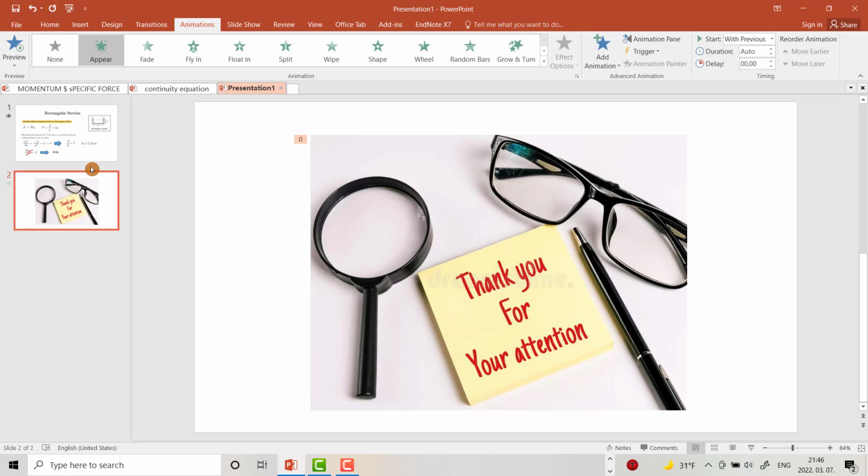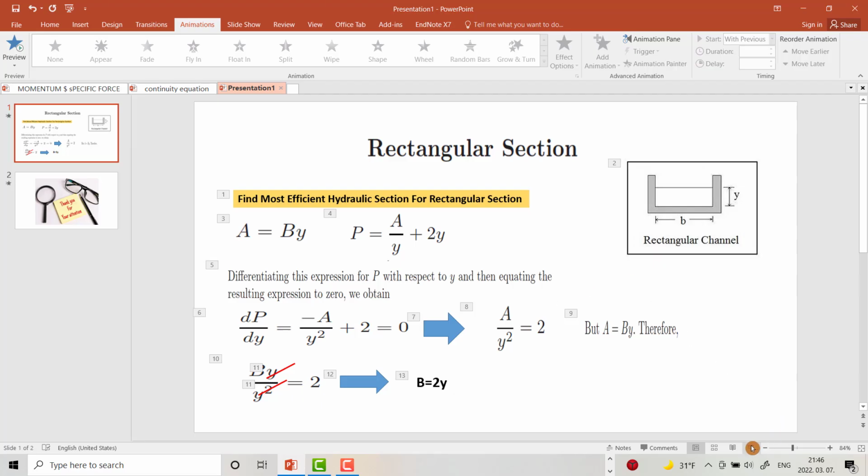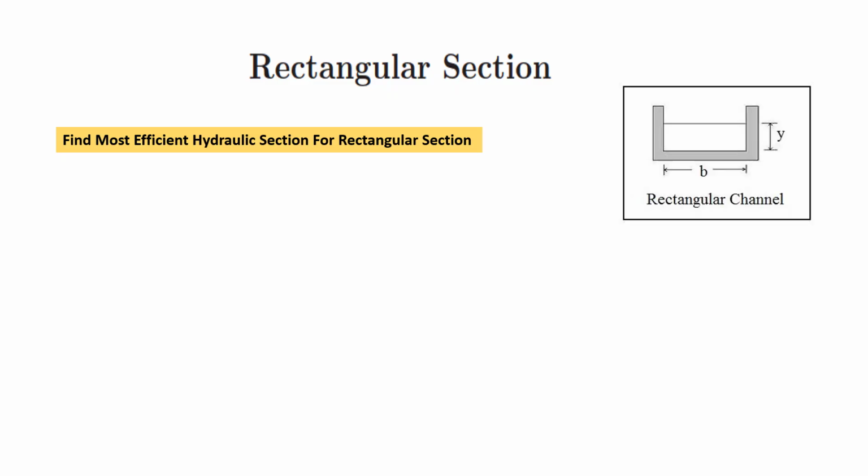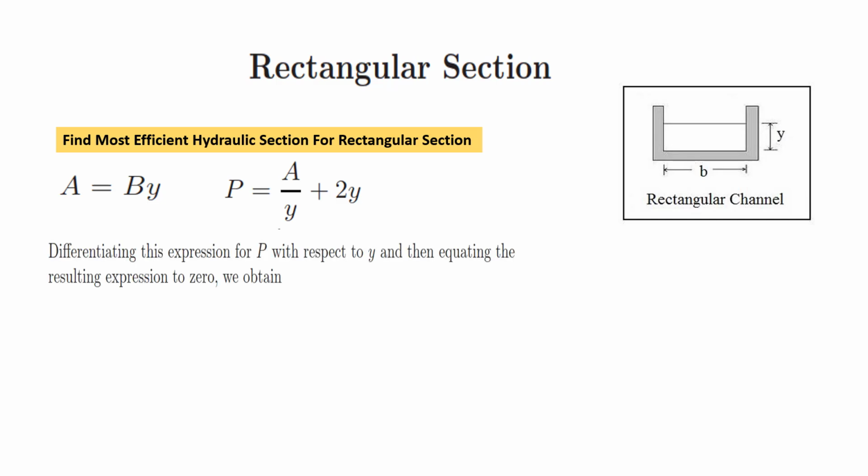Let's see how our presentation will be. From this symbol, slideshow. We didn't apply any animation for the rectangular section, so it appears directly. Just use the arrow on your keyboard. You see, find most efficient hydraulic section for rectangular section. The image will appear, and area, wetted perimeter also.